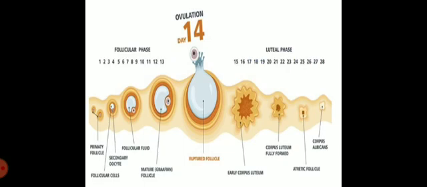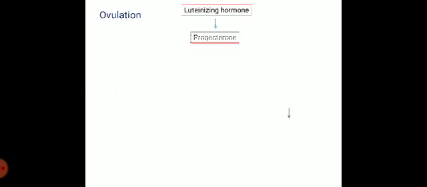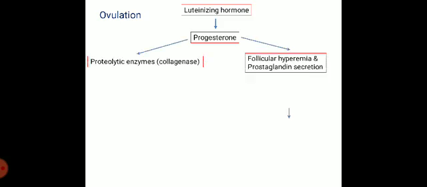So there is a rupture of the follicle. When the rupture of the follicle occurs, the ovum is released from the follicle into the peritoneal cavity near the fimbriated end of the fallopian tube. Luteinizing hormone secretes the progesterone, and the progesterone secretes the proteolytic enzymes.